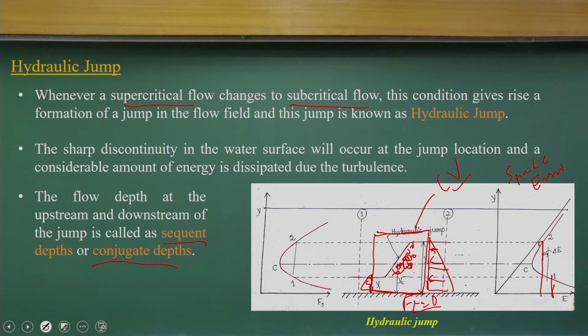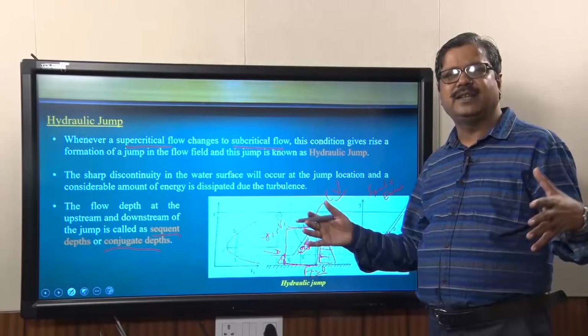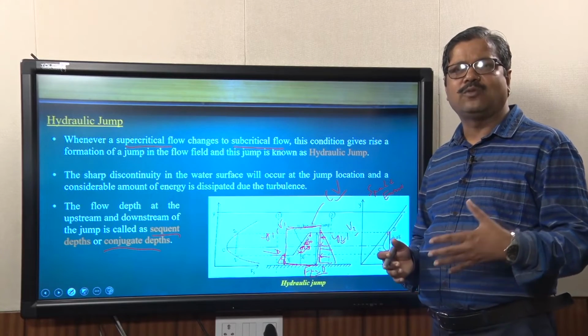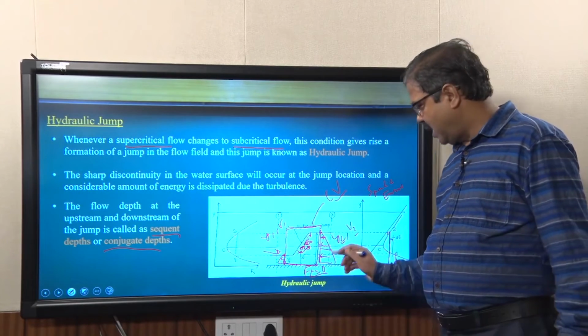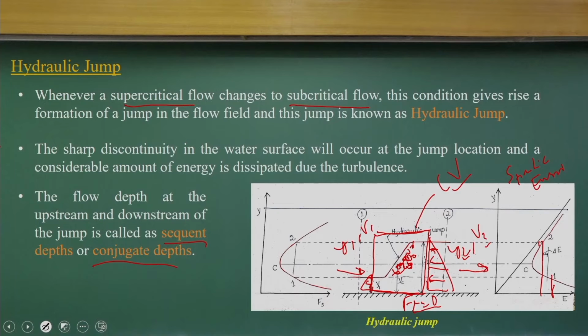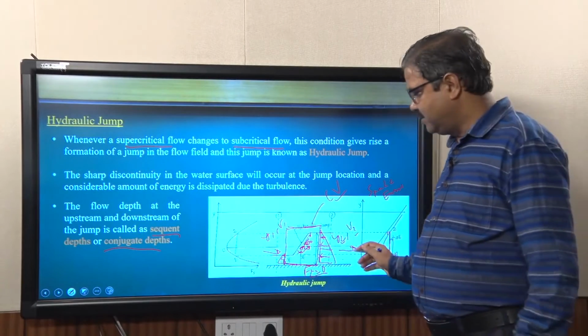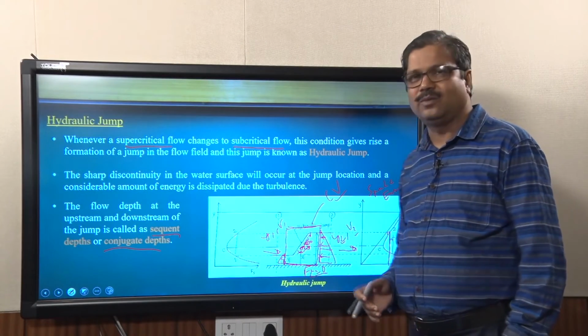I know the pressure distributions, and I know the momentum flux, y1 v1 and y2 v2. I know the velocity and the depth, and if I consider unit width, I can find the change of momentum flux in this direction. That should be equal to the net force acting along this direction on the control volume.